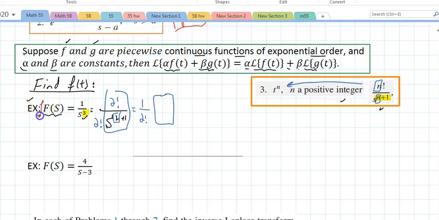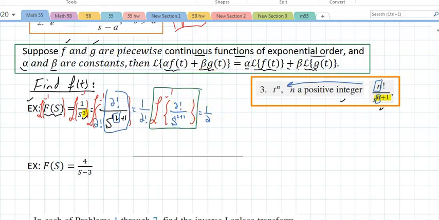If I take the inverse Laplace transform, isn't that t squared?